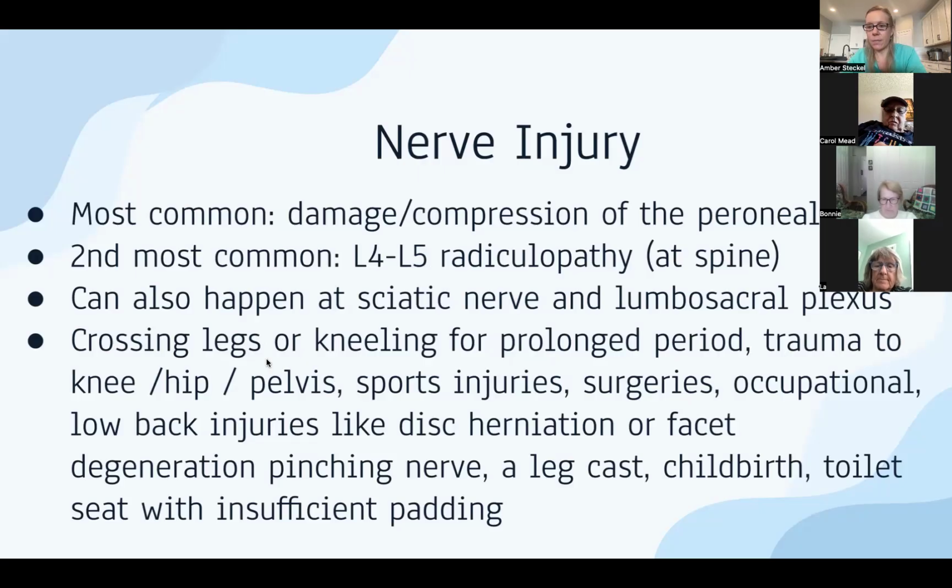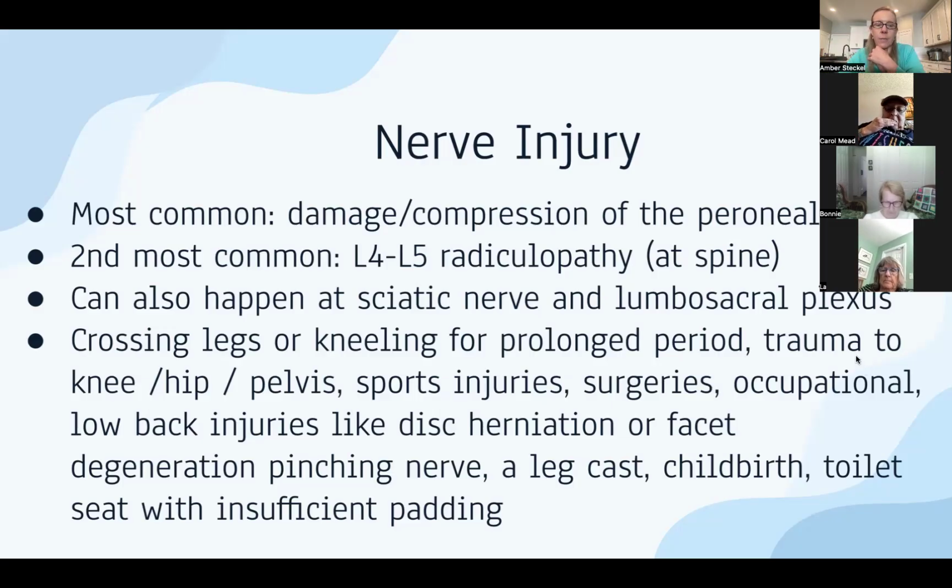If you have a job that requires either of these, or long distance traveling, a lot of people that drive thousands of miles, if your leg is resting against the door and then there's that vibration, or if you're always sitting in funny positions, one of them said lotus pose in yoga, just depending on prolonged squatting. So it could be positional. And that would be more like chronic compression to the nerve.